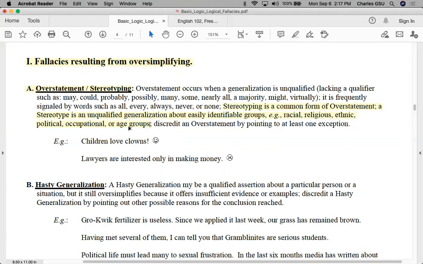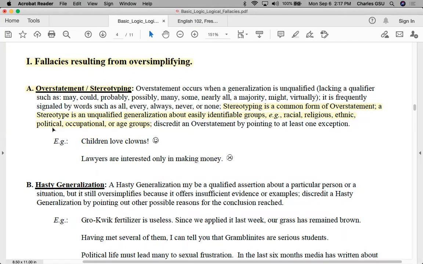So if you say all, let's use this, where is it, political, right here. All Republicans are white conservatives, right? But if you can find one, and just one, maybe more, but just one is all you need to debunk the argument.